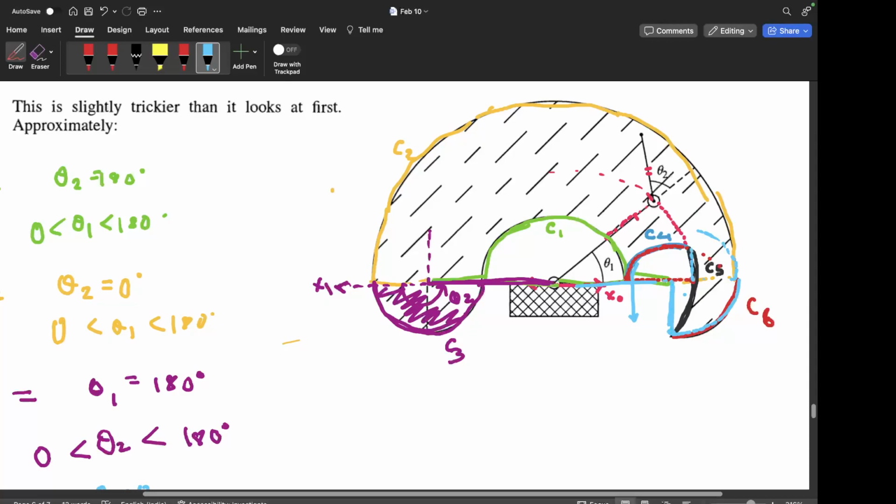Link 2 is at its limit, and then we are moving link 1, right? So this is basically an L-like shape, and you are moving its end. You can move like this, it will go like this.